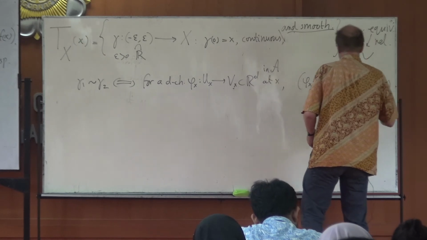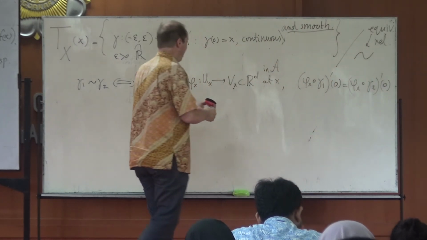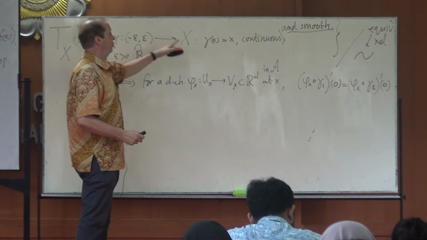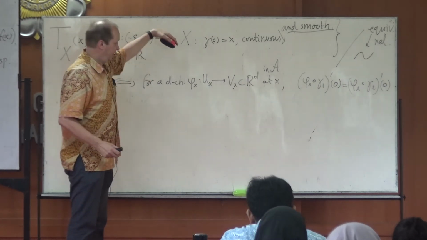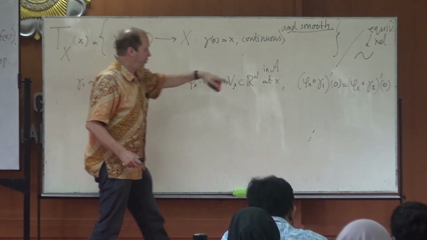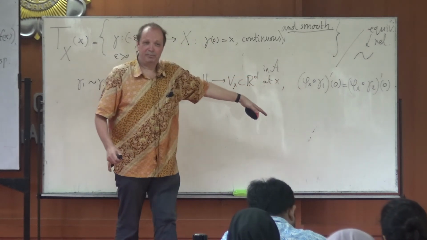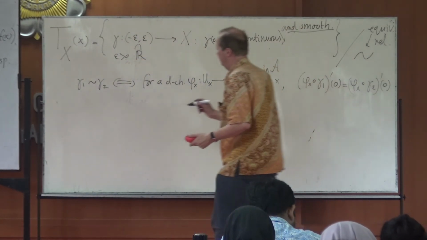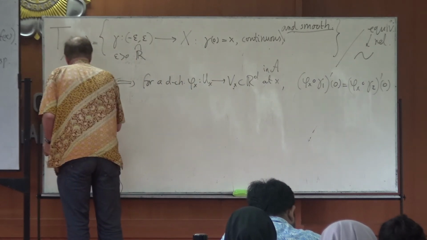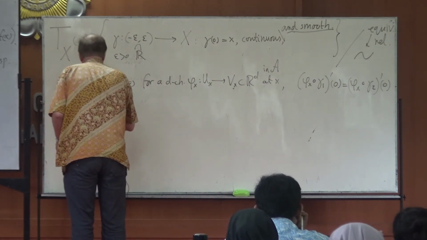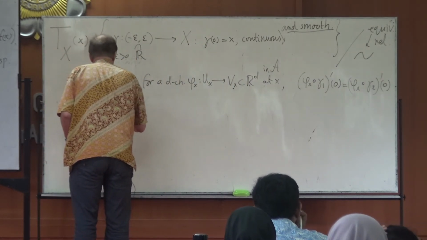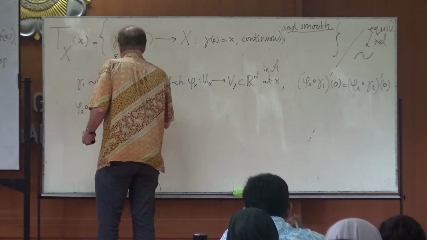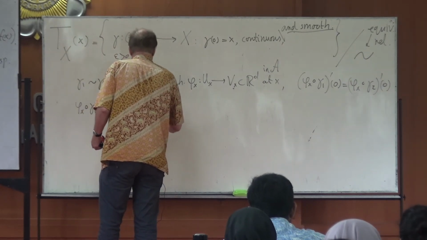derivative at 0. And these maps, so the gamma brings you from the real numbers to the manifold, but the phi, the chart, brings you back into Rd, right? And so this map, phi x composed, say, gamma 1, goes from minus epsilon, epsilon, maybe a smaller one, I can always shrink the epsilon, to Rd, right?